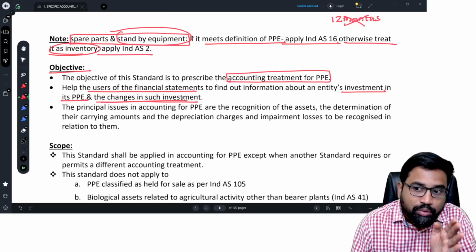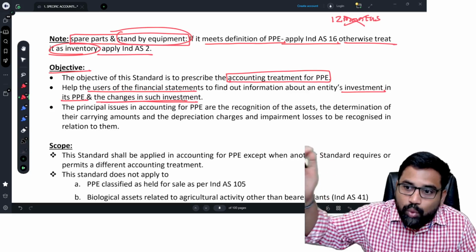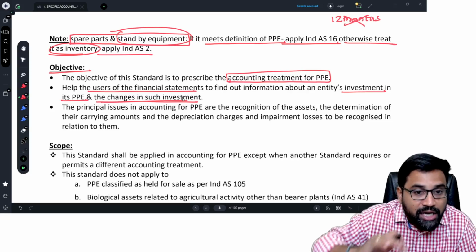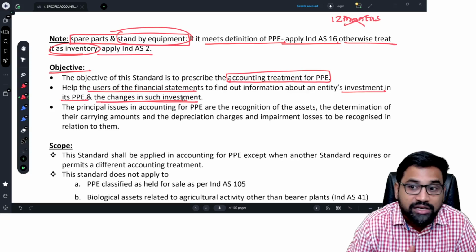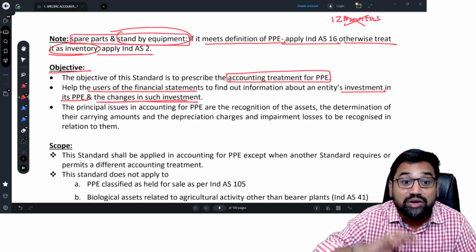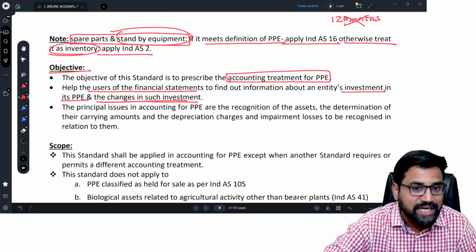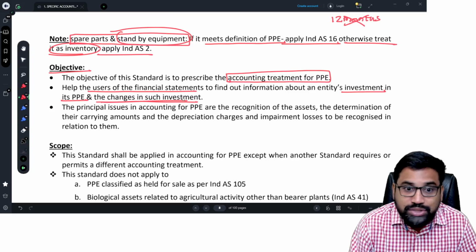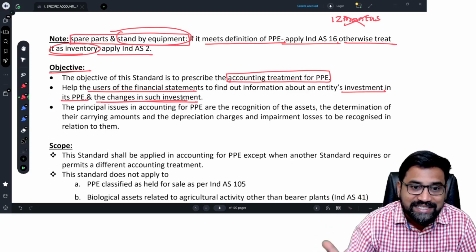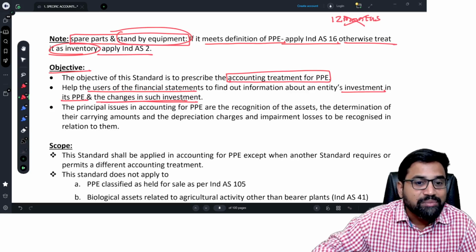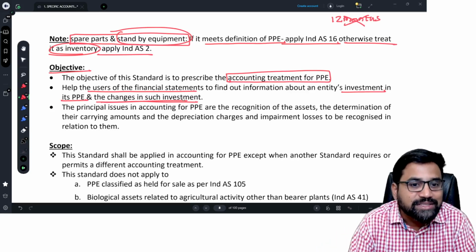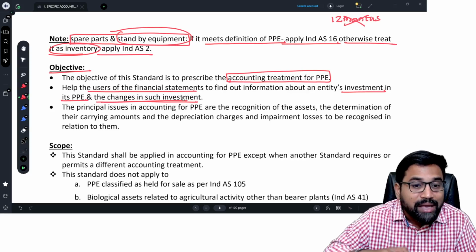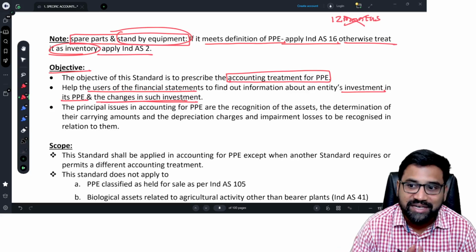For example, what is the opening balance of assets, what is the closing balance, how many purchases we have made, how many assets we have sold, and what changes happened because of depreciation, amortization and impairment losses. All these things we want to know. So IND AS 16 provides the information relating to the investment in PPE to the users of financial statements. How? By making some disclosures in the financial statements.